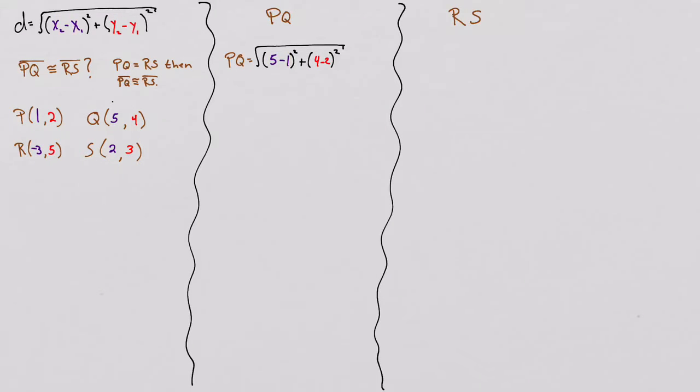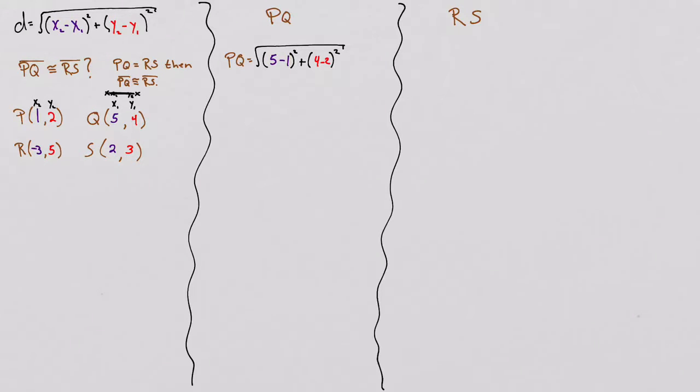So I could call this x sub 1, y sub 1, x sub 2, y sub 2. Do not mix them up. Don't say x sub 1, y sub 2. Don't do that. That is bad.